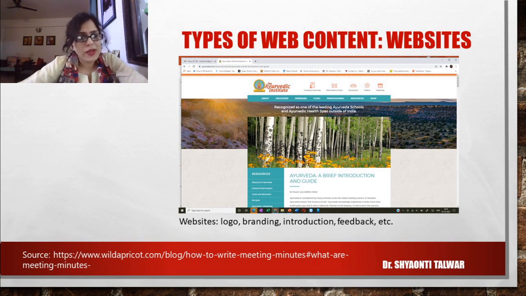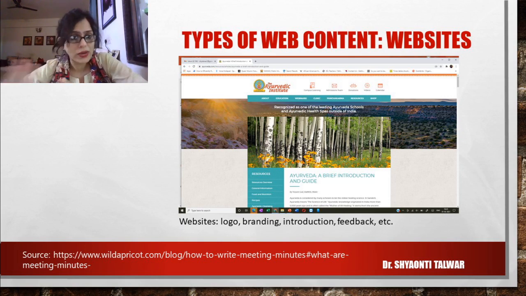And then you also have a place where you can enroll, so admissions, admission forms. And here you see you have the logo and the branding, and here you have the introductory page. You can also have a feedback section. So this is a company website, or an organizational website, the structure of which, the sitemap of which, is going to be very different from that of a website which is on a person, right?